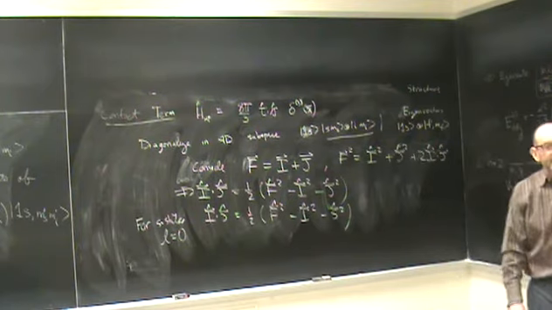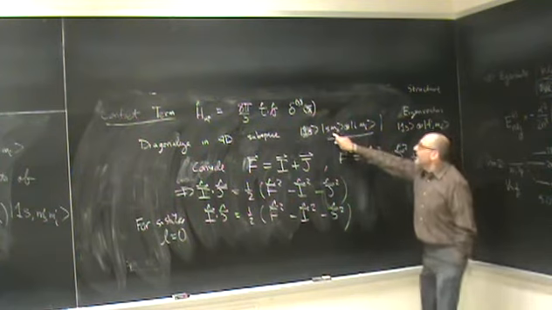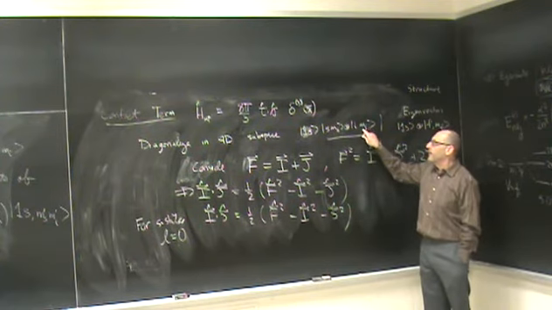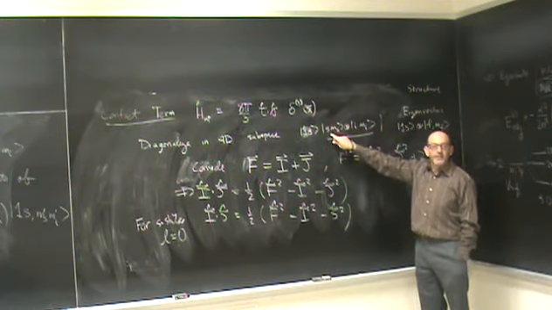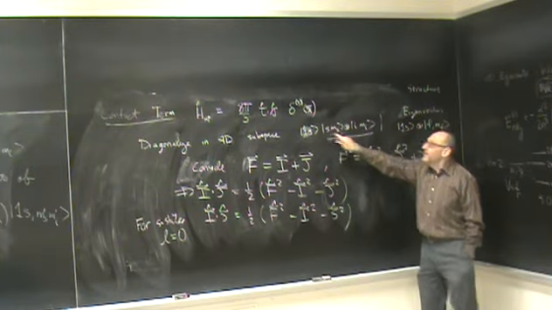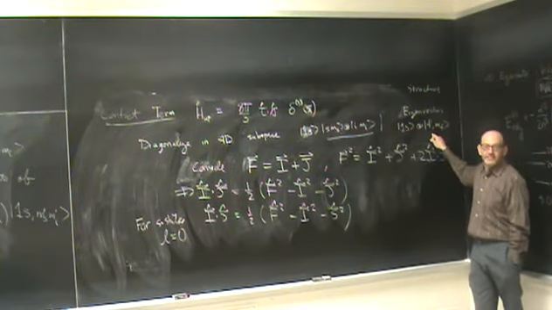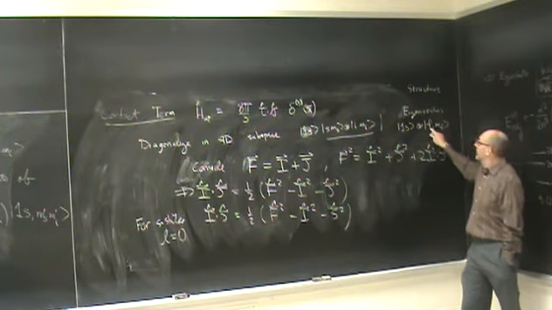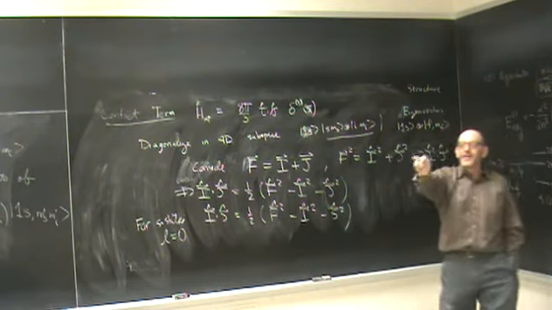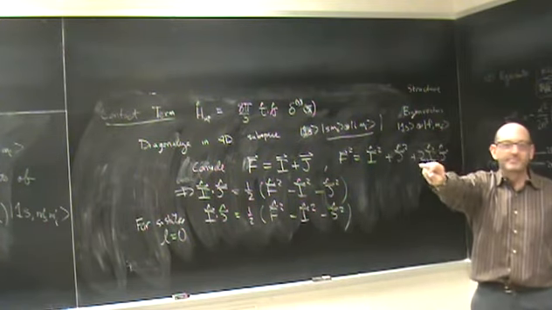So we go from the uncoupled representation of proton angular momentum and electron angular momentum to the coupled representation of total angular momentum, F and m_F. That's what we had here, these are good quantum numbers.